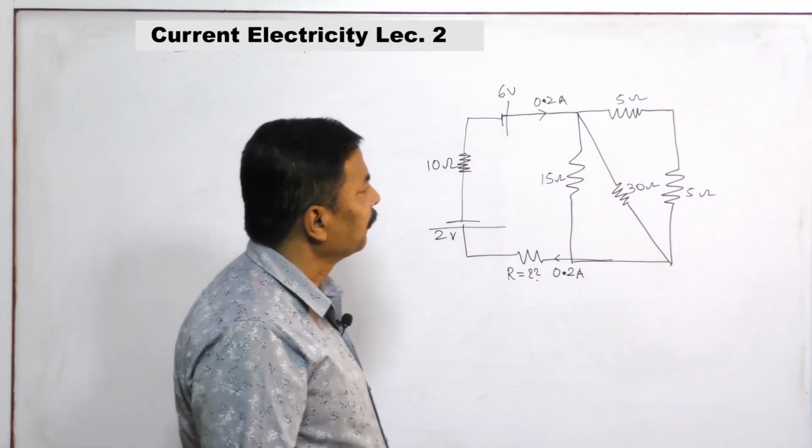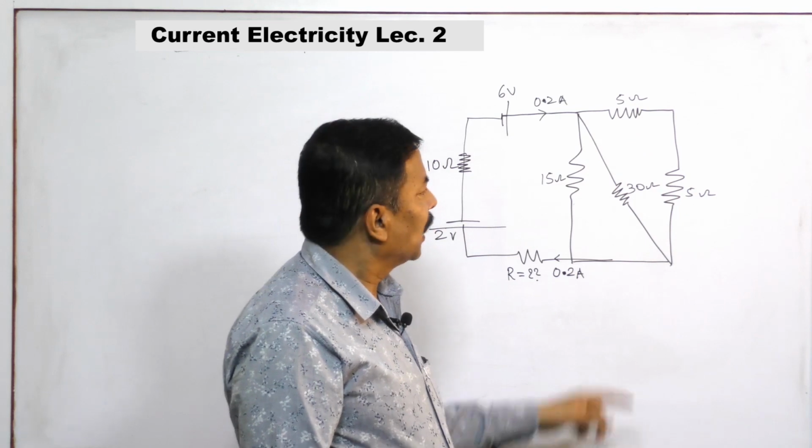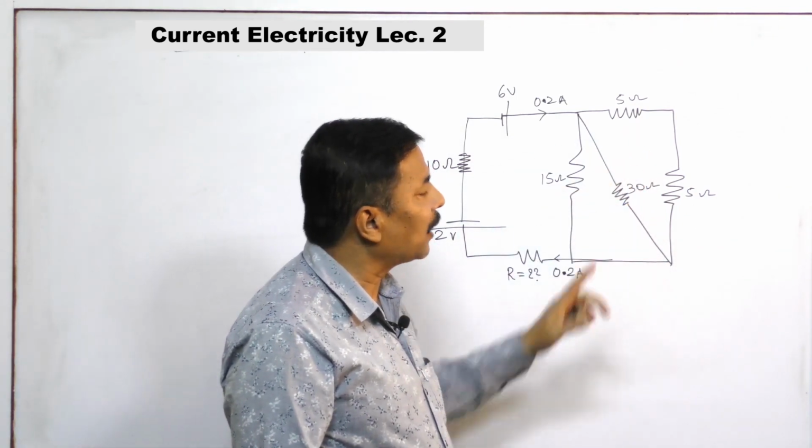So here you see, 5 and 5 are in series, and this series 10 ohm and 30 ohm are in parallel.